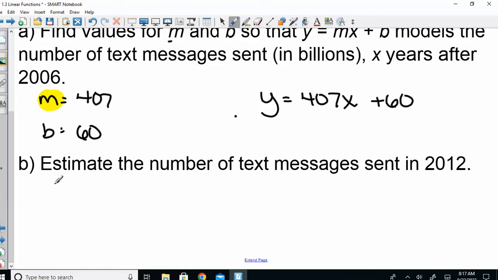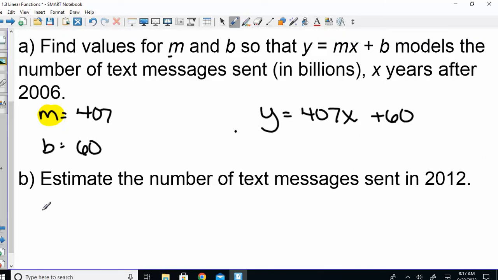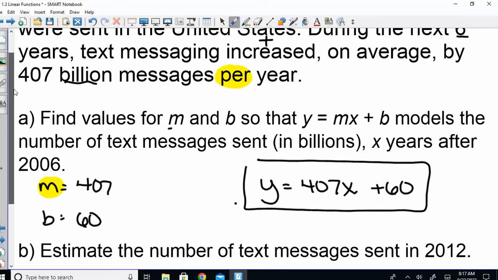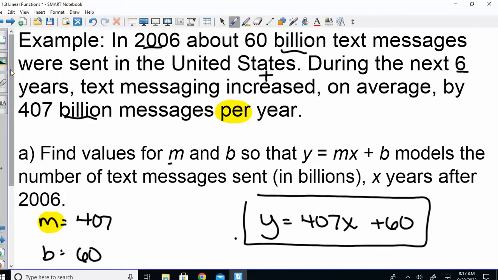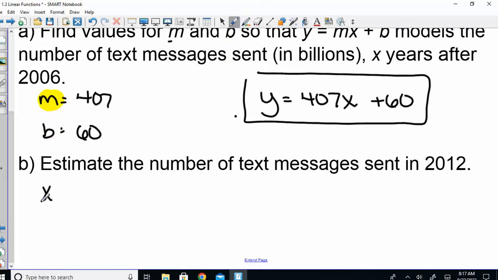All right, so if I want the number of text messages sent in 2012, this equation is assuming 60 is the starting point. 60 was the year 2006. So if we are in 2012, what is my x value? 6. Because it's how many years after 2006?